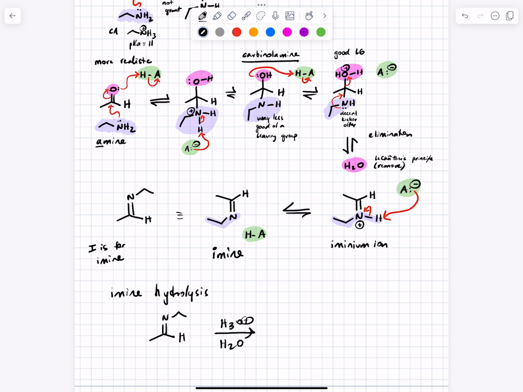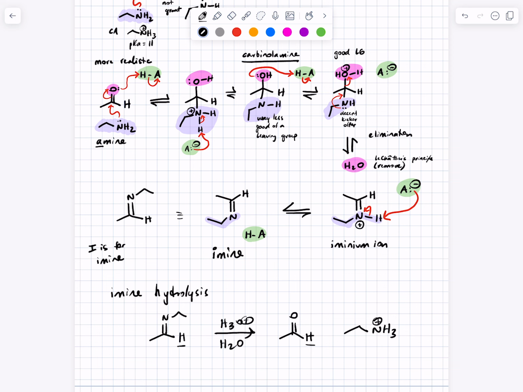You would use probably just any, like HCl or anything that has a lot of H3O plus in it. And that is going to hydrolyze your imine back to the aldehyde or the ketone. Pay attention to what the R groups are on the carbonyl carbon. And then the amine will come off, and under acidic conditions, it'll probably be in its ammonium form. Yep. Okay, others?